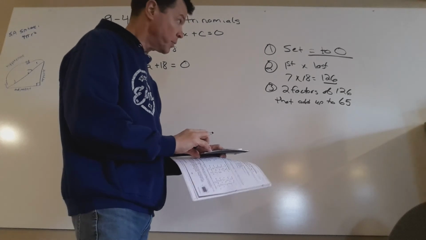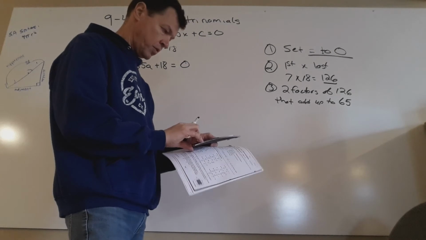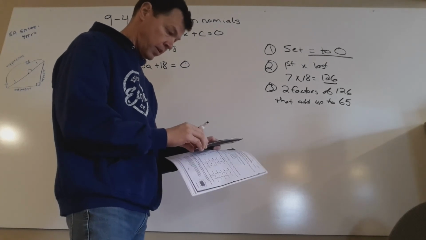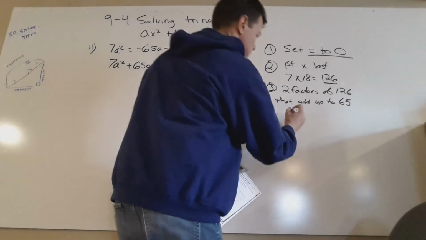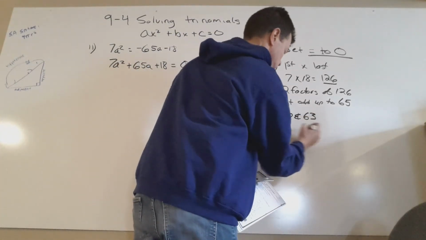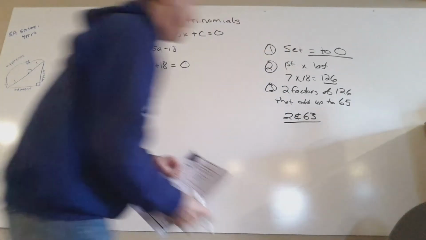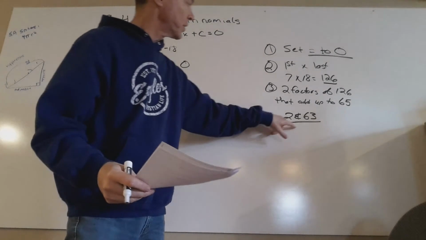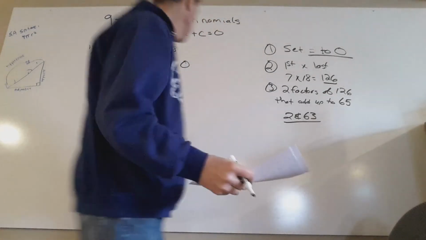Just take 126 and divide it by 2. 63. 2 and 63. That's easier than I thought. 2 times 63 is 126. So 2 and 63, those are your two factors to work with. 2 times 63 equals 126, and 2 plus 63 equals 65.